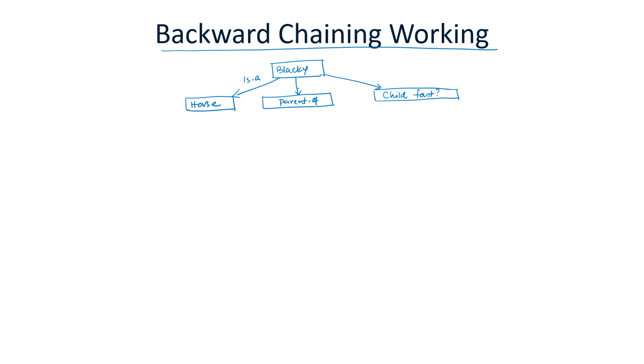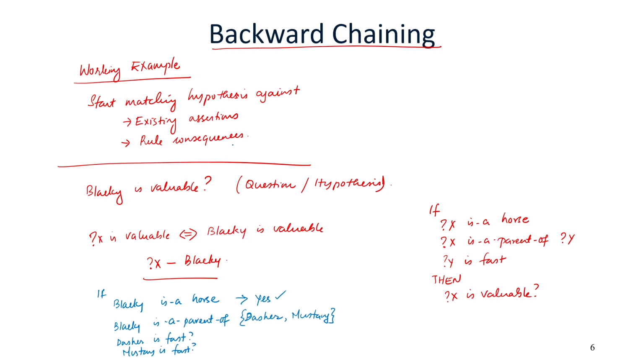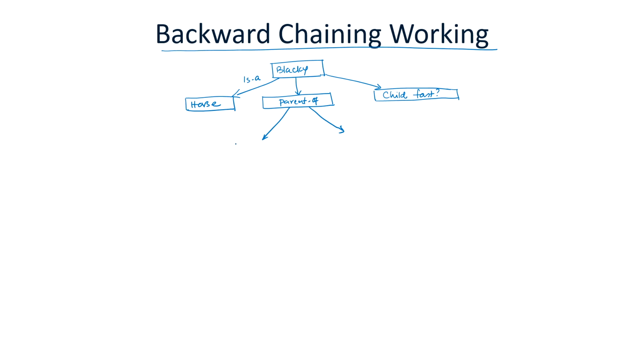Parent of, and in this case you have two options. Those are, in this case, Dasher and Mustang. And now the other thing is, the child is fast.